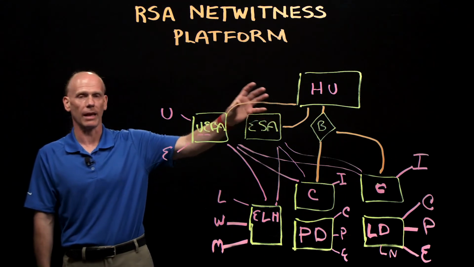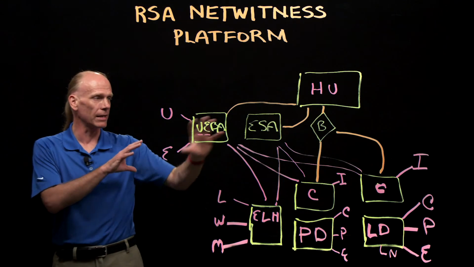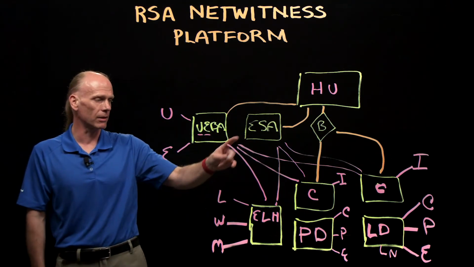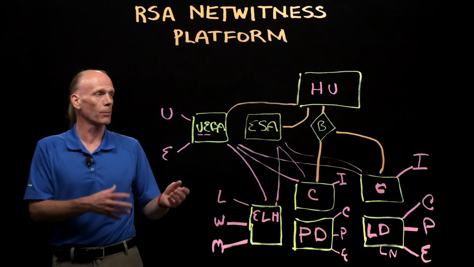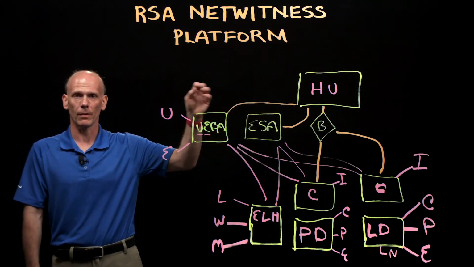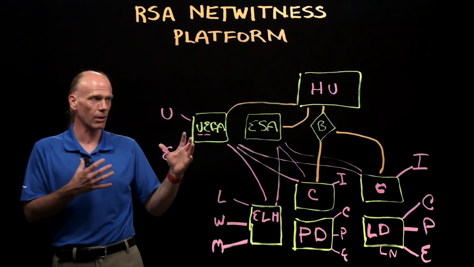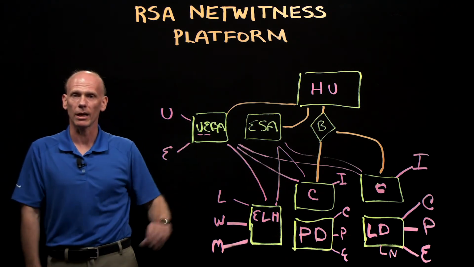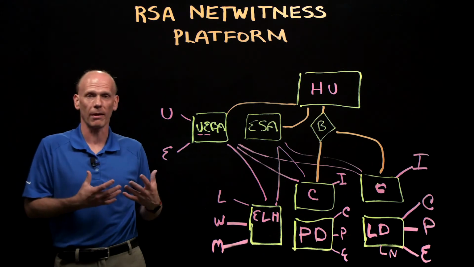But the key is the head unit provides that administration function so that if I need to upgrade from version to version, instead of being required to log into every different component to do it locally, I log into the head unit, I pick my version, and I say deploy, and through that centralized UI, it pushes out those updates through the entire platform, which makes administration very, very simple.